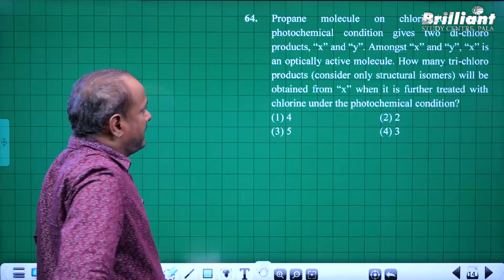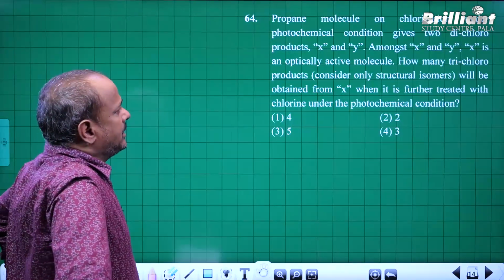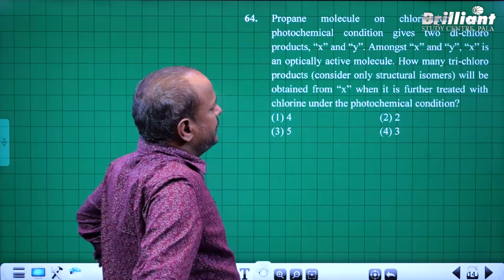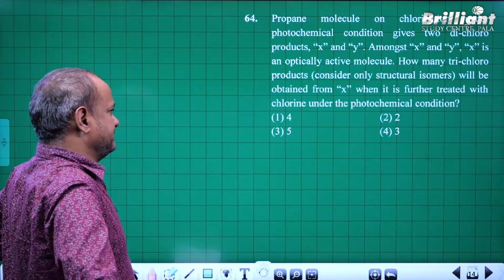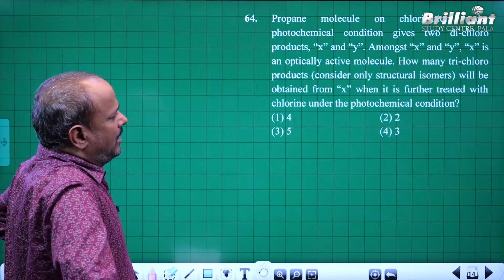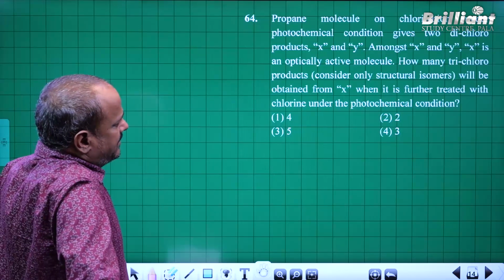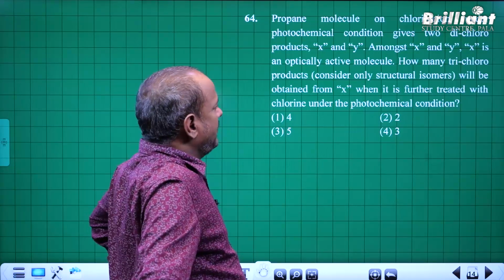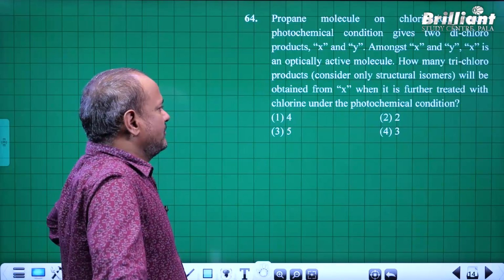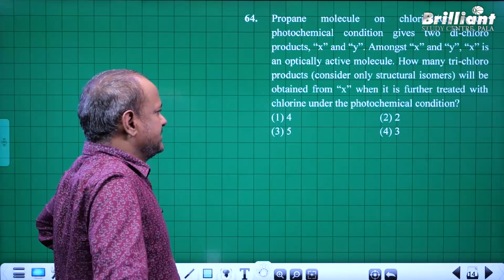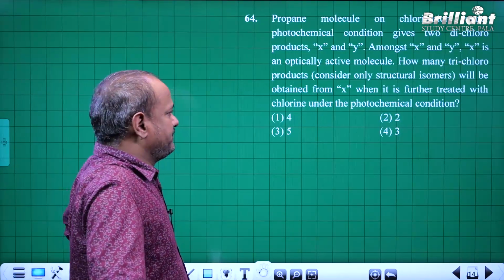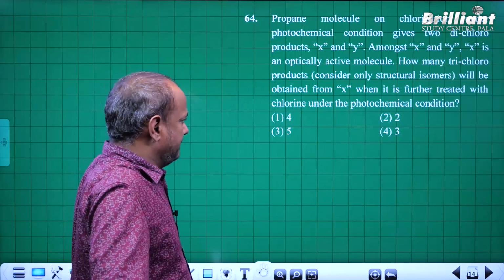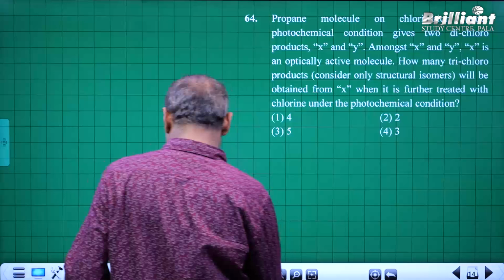Next, propane molecule on chlorination under photochemical condition gives 2 dichloro products X and Y. Among them, X is optically active molecule. How many trichloro products, only structural isomers, are obtained from X on further treatment with chlorine under photochemical condition?